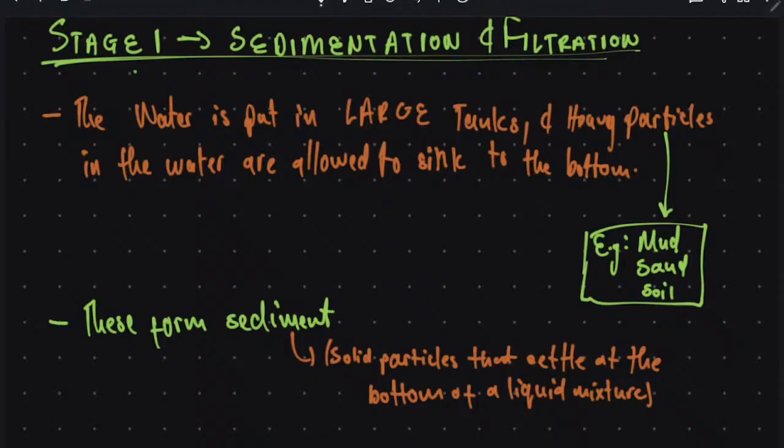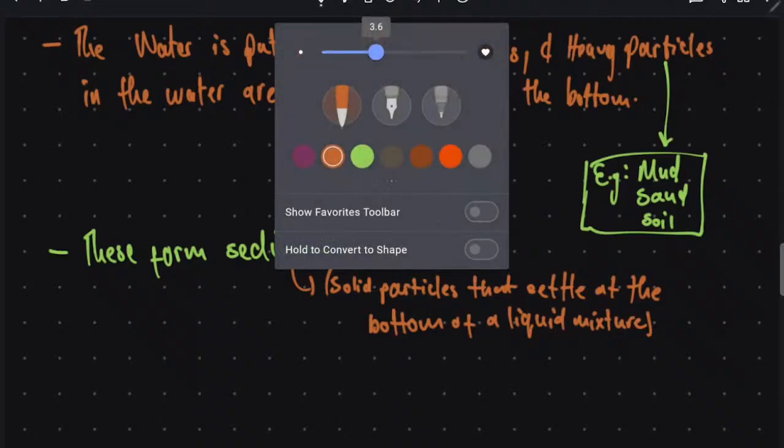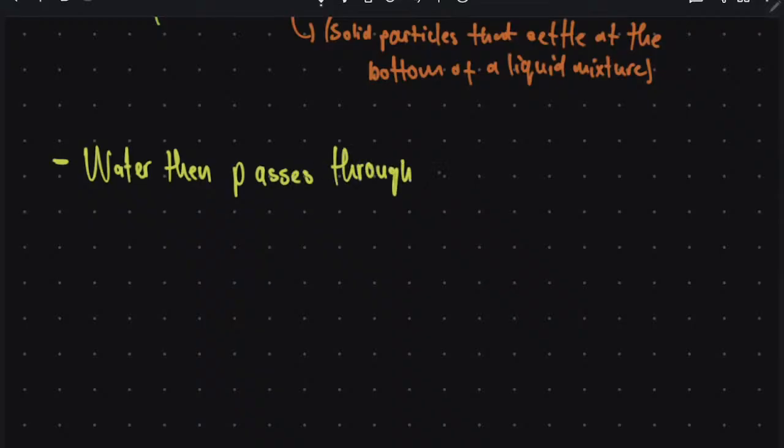Yeah. Then, okay, then you do filtration as well. You can put it as this part. Okay. Right. So you now say water, then passes through sand and gravel, okay, to remove smaller particles.